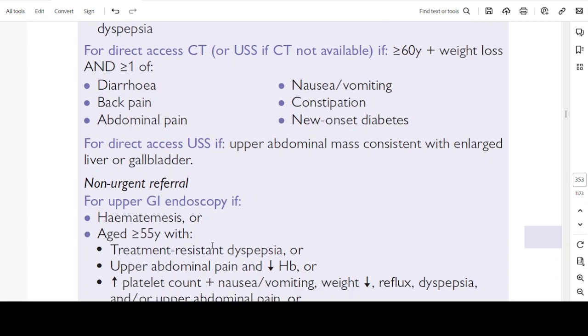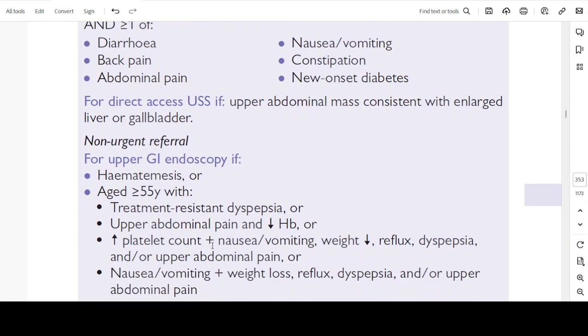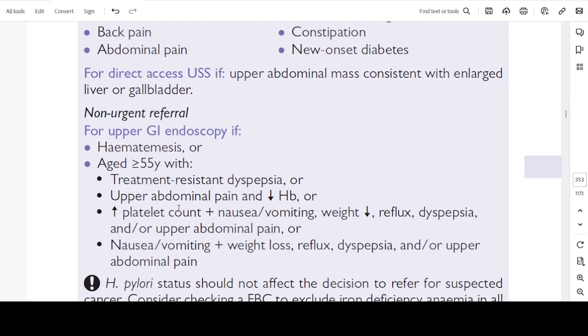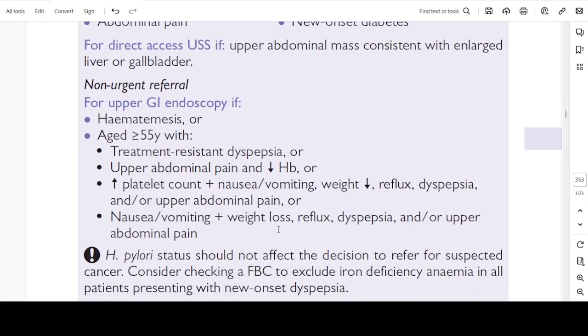For non-urgent referral for upper GI endoscopy: if hematemesis, or age more than 55 years with treatment-resistant dyspepsia or upper abdominal pain, and decreased hemoglobin, increased platelet count, plus nausea, vomiting, weight loss, reflux, dyspepsia and/or upper abdominal pain.